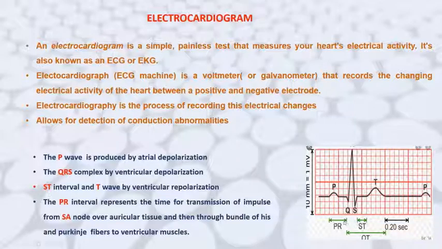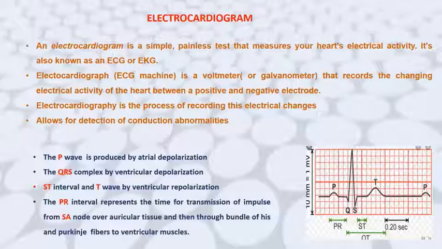So an impulse will be there for the contraction and the relaxation of the heart muscles. So that is represented by this interval. The transmission of the impulse is mainly from the SA node of the heart.